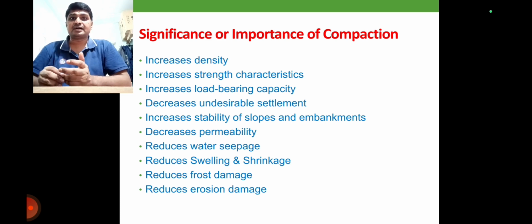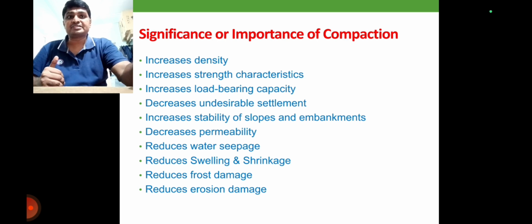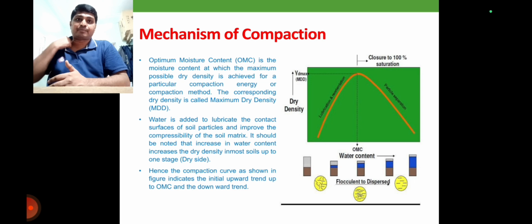It decreases undesirable settlement, increases the stability of slopes and embankments, and decreases permeability. It reduces water seepage, reduces swelling and shrinkage, reduces frost damage on the surface of the pavement or the subgrade soils, and reduces erosion damage. These are the main significance or importance of soil compaction.